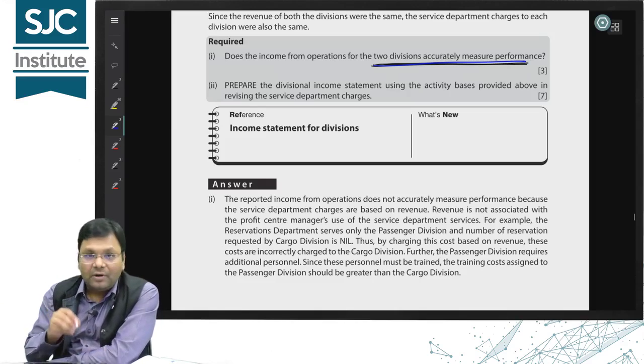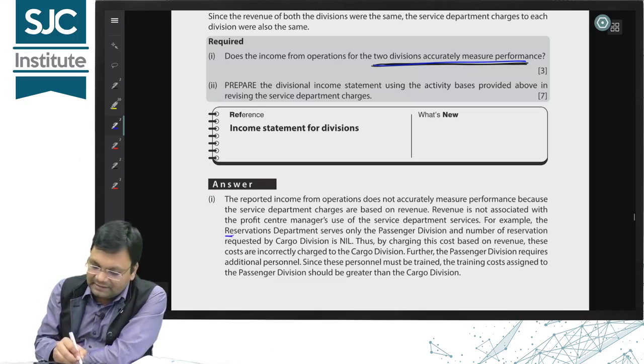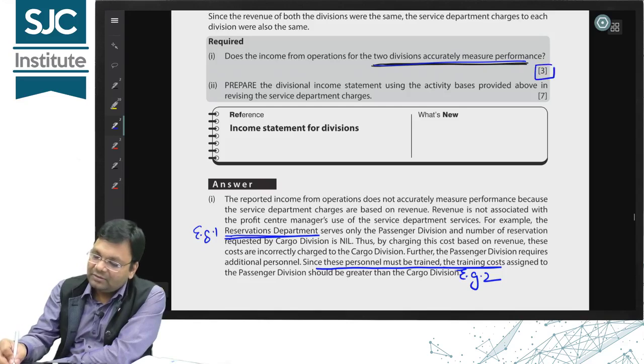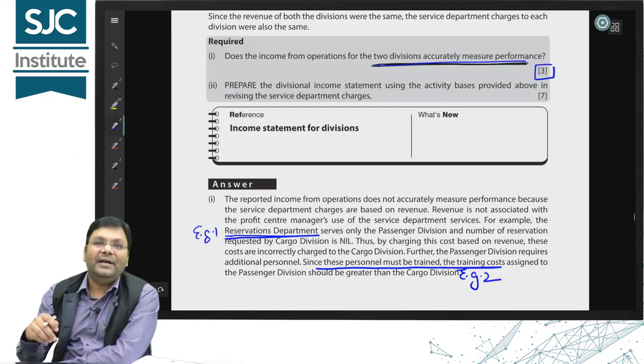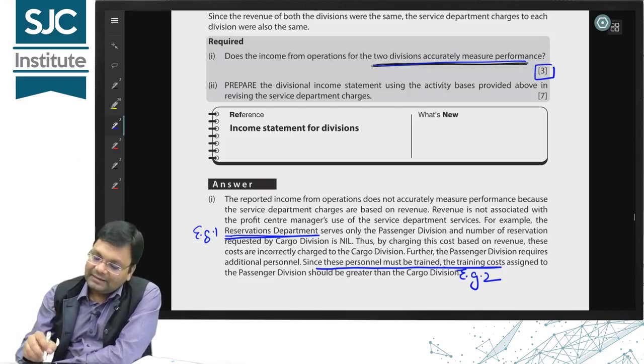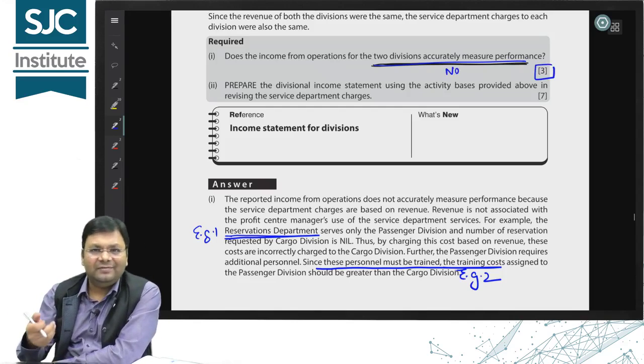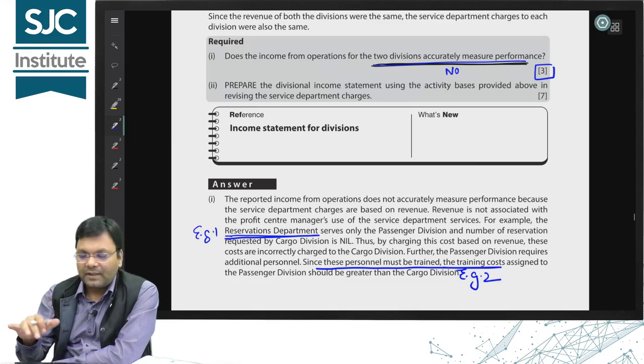I just want to show you 2 examples here. You can mark with me: reservation department example and training cost example. These are 2 examples which you must cite in order to get good marks. This is of 3 marks, not just 1 mark where you can write yes or no. So the answer is obviously no here. Why? You will understand by just reading the question, which is very obvious.